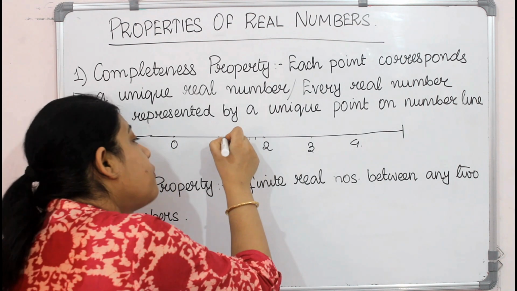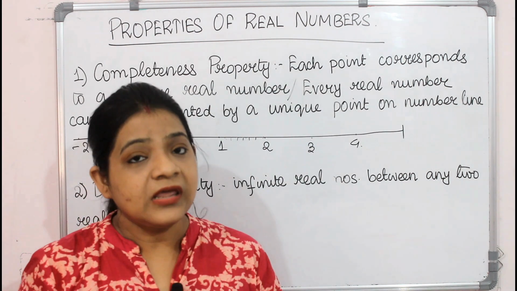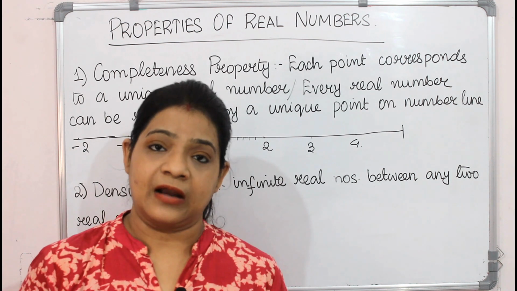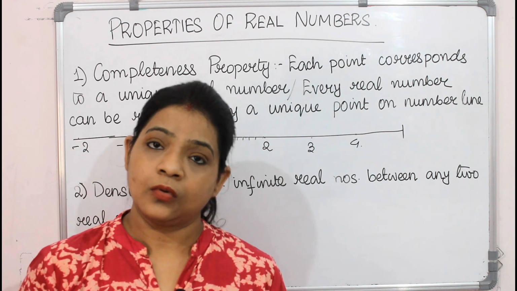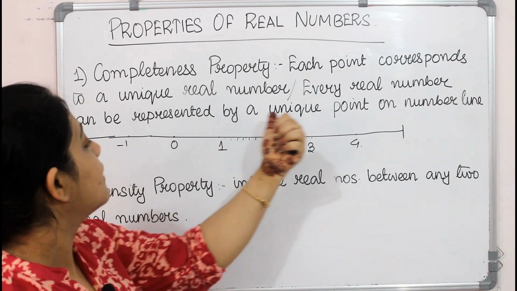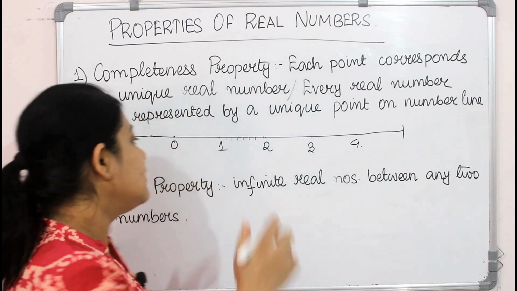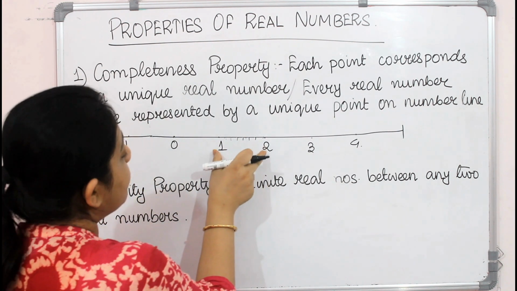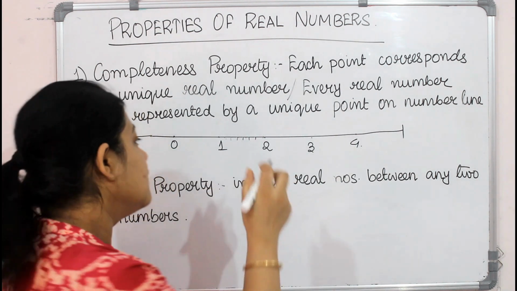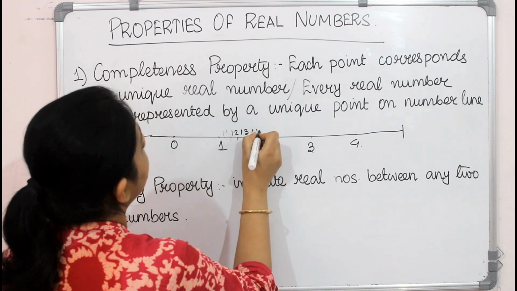So each point represented here represents a real number, or in other words, every real number can be represented by a unique point on the number line. Suppose 1 and 2 is divided into 10 equal parts, so this will be 1.1, 1.2, 1.3, 1.4.